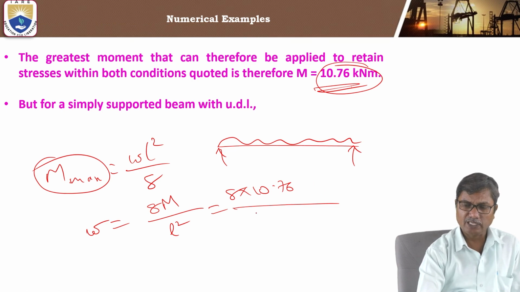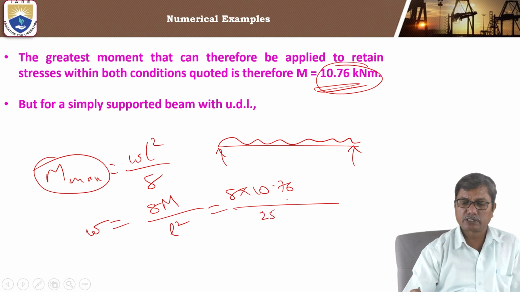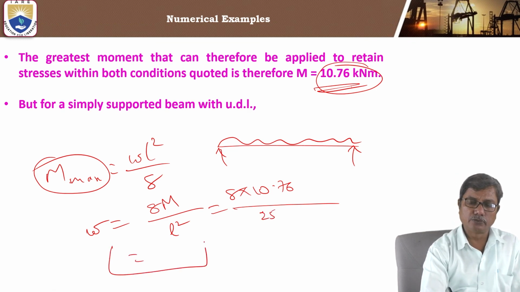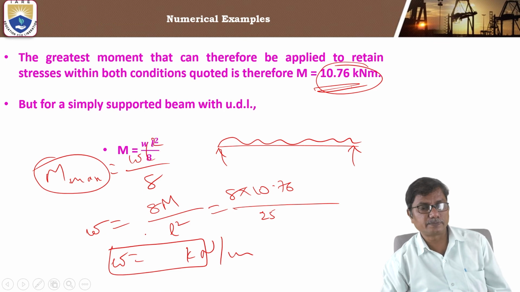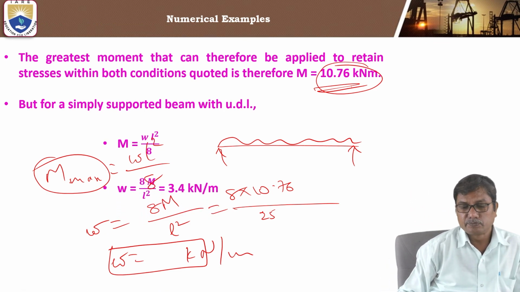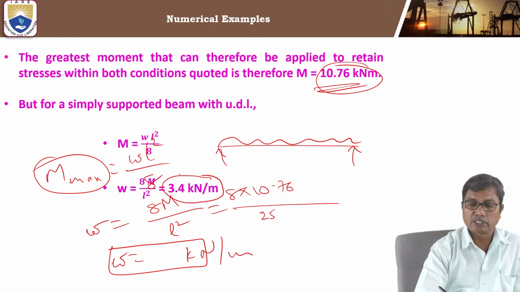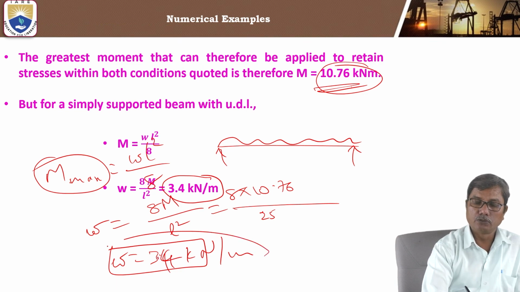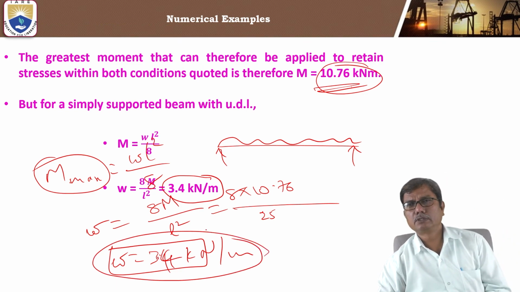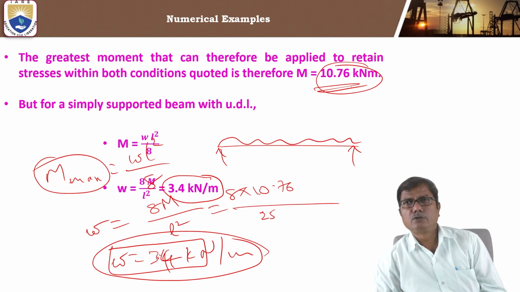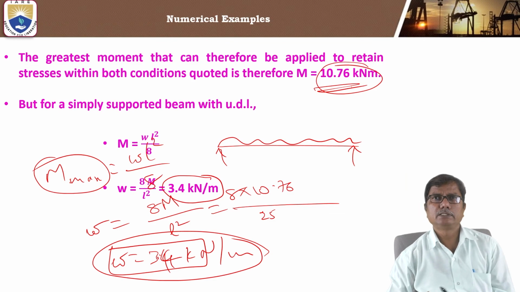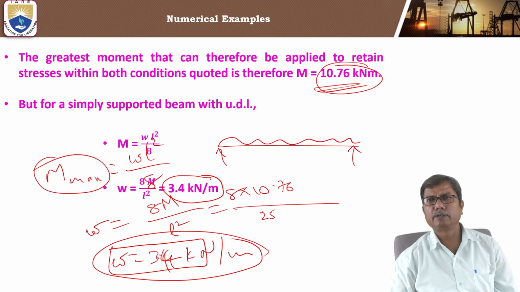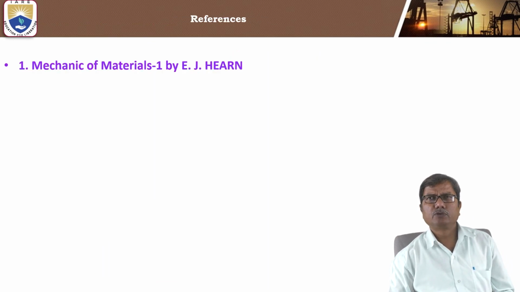And L is 5. L square is 25. So this gives the load W in kilonewton per meter, which comes out to be 3.4 kilonewton per meter. So this is the allowable load. This is the load that the beam can carry so that the given condition of stresses is satisfied. So that's how we find it out.